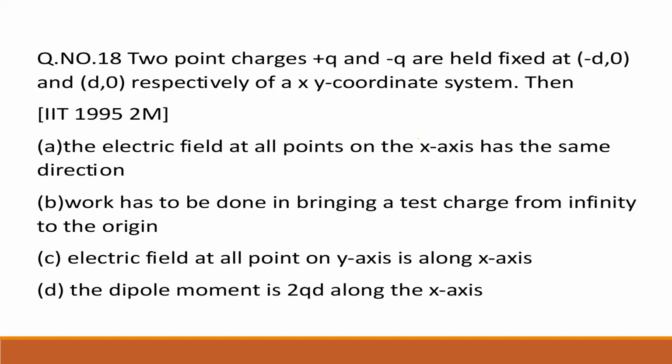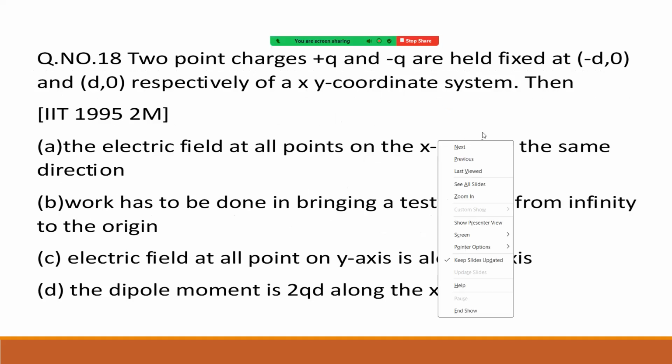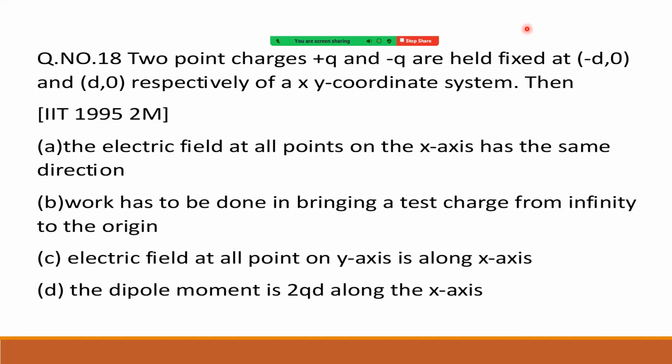Two point charges plus Q and minus Q are held fixed at minus d comma 0 and d comma 0. So one is on the negative x-axis, that is the positive one, and the negative charge on the positive x-axis. Now the options: the electric field at all points on the x-axis has the same direction.